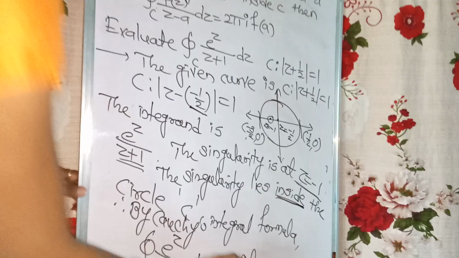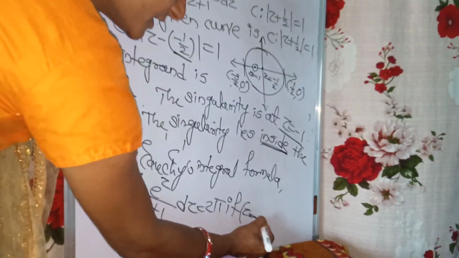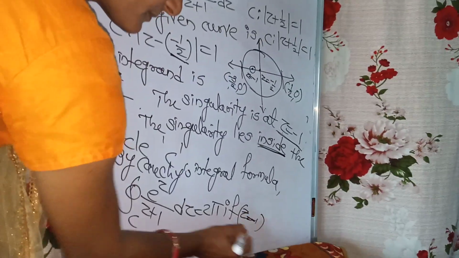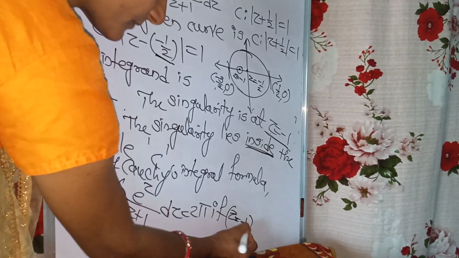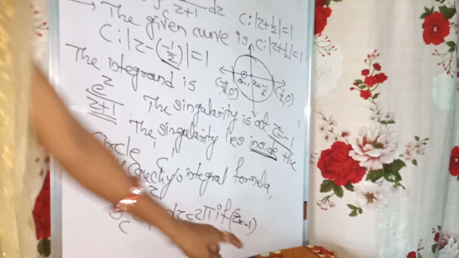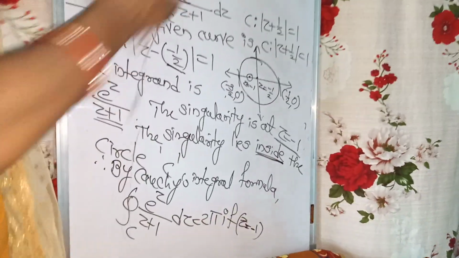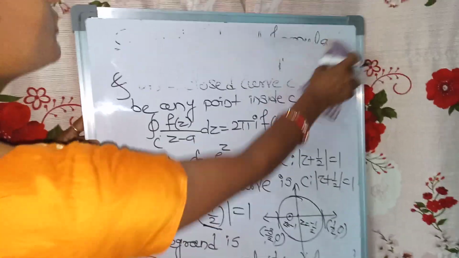The a value is nothing but z equal to minus 1. Let us find out this value of f of z at z equal to minus 1 within the formula.